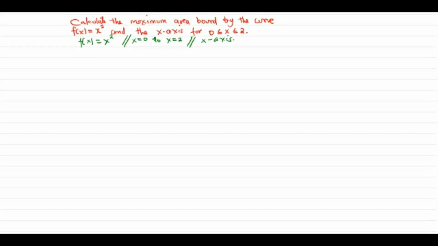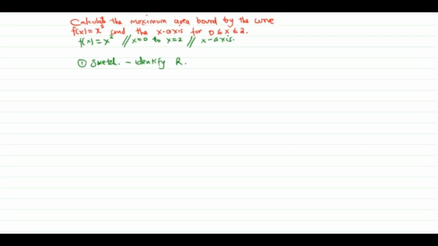Now let's go to the steps in getting this area. There are two basic steps that we are going to be following in such problems. The first step is to sketch the curve. And the purpose of sketching is to identify the area of interest.